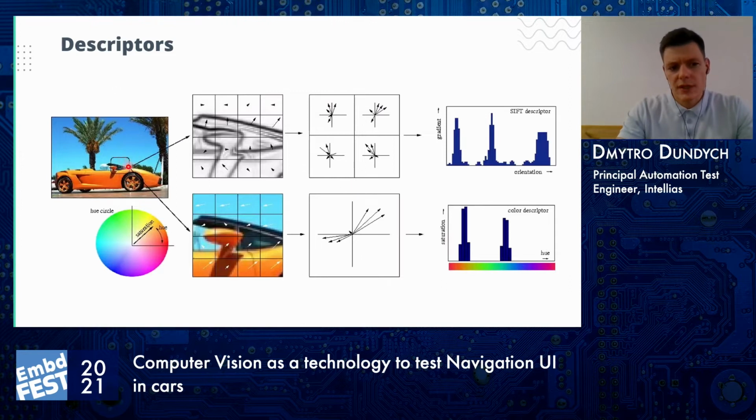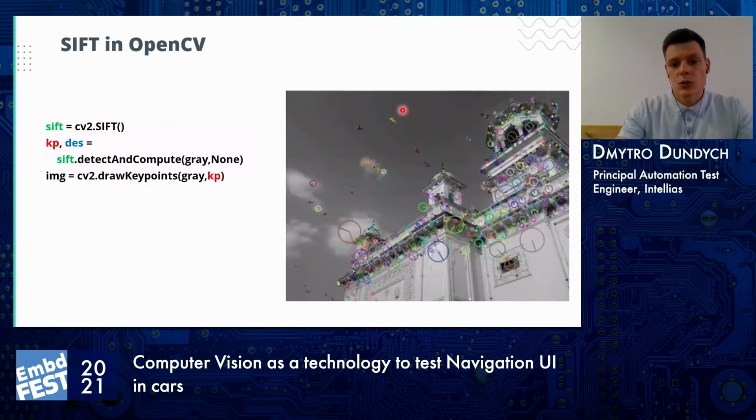This picture shows a car, and here is a darker place, and this corner is a lighter place. So the direction vector is up and right, and for each corner part we build this map. It works for color images and grayscale images, but it's faster in grayscale. There is actually a method in Python, so you just detect and compute all these corners and get the direction and some characteristic of them.